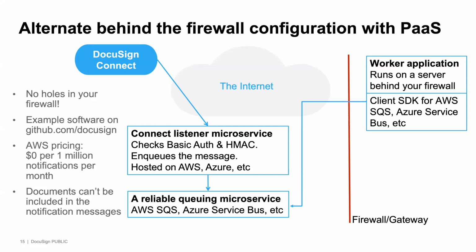I'll update the slide. And so a reliable queuing service such as AWS SQS, which means simple queuing service, or Azure calls it Service Bus, and let me see, Google Cloud calls it the Pub/Sub system. Everyone's got something like this.